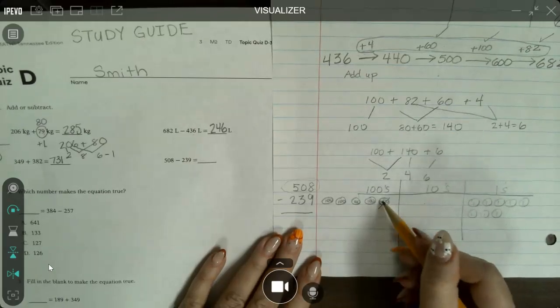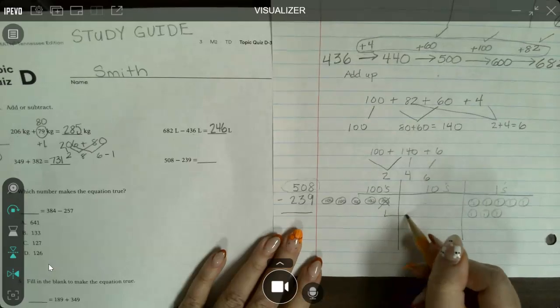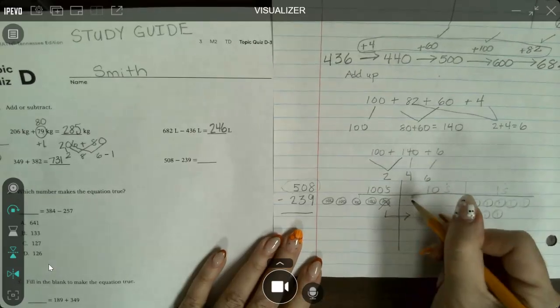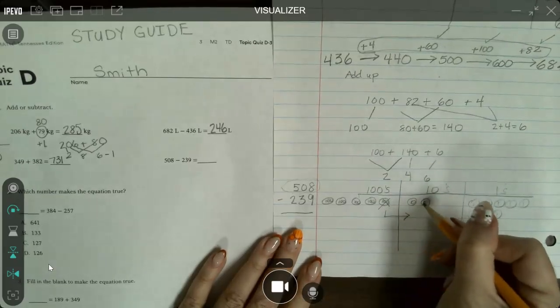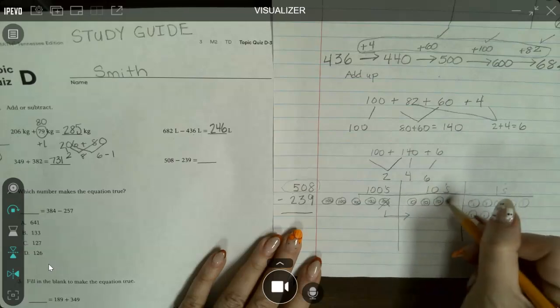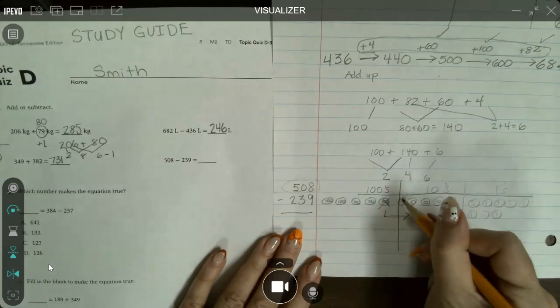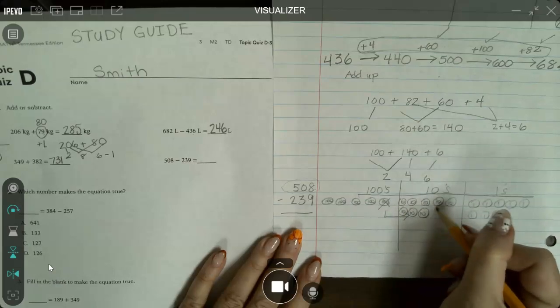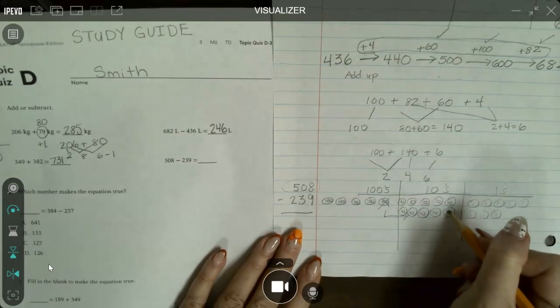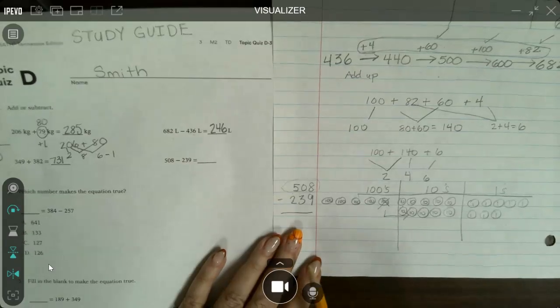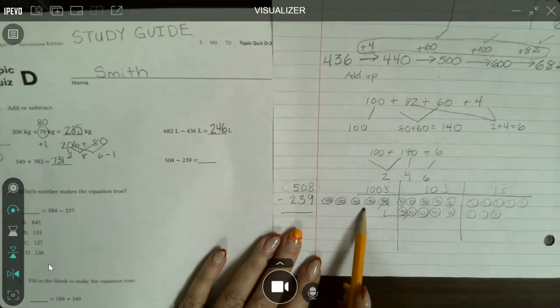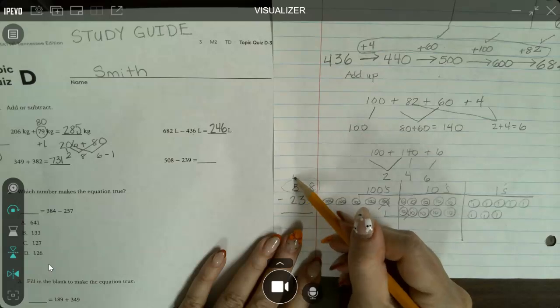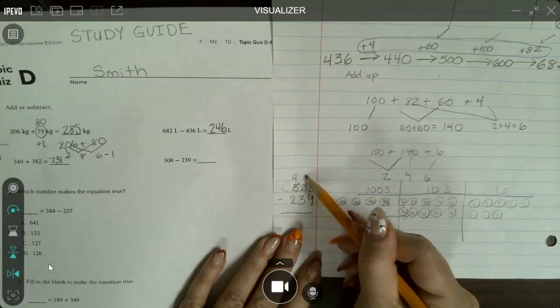I need to borrow 100 and move him to become tens. 10, 20, 30, 40, 50, 60, 70, 80, 90, 100. I represent what has happened. I now have 4. I now have 10.